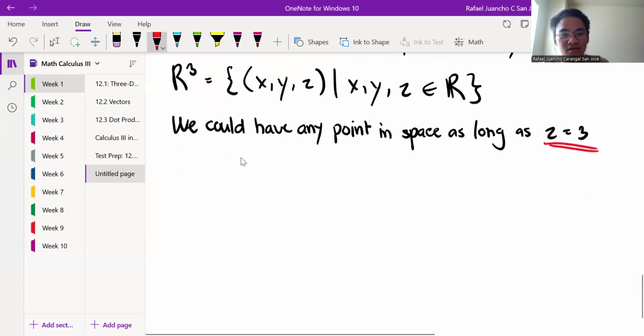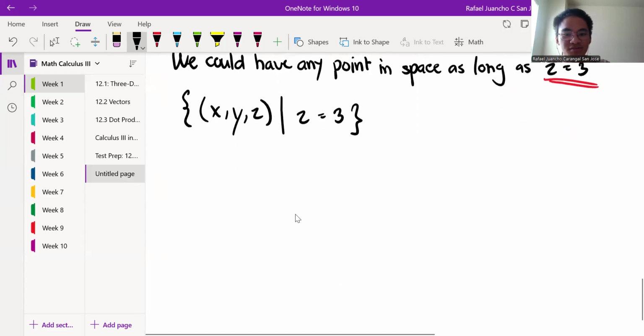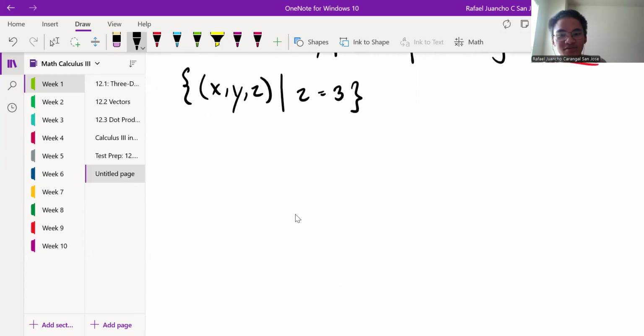So the way we can write this is the set of these ordered triples, as long as Z is 3. No more, no less, Z is 3. So this is a mathematical way of doing it, but what's the visual? Because everybody likes visuals, right?